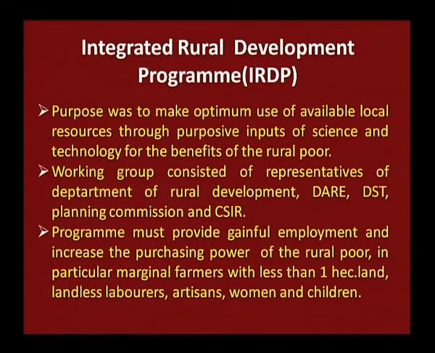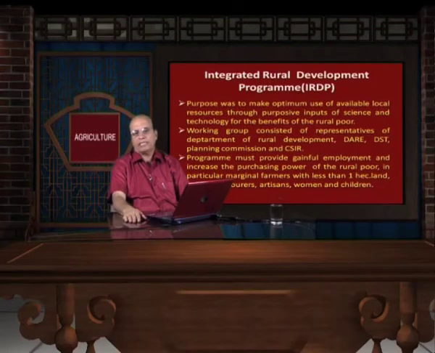The working group consisted of representatives of the Department of Rural Development, Department of Agriculture Research and Education, Department of Science and Technology, Planning Commission and Council of Scientific and Industrial Research. Various programs are already engaged in development of the rural masses while implementing their own program, but the farmers are not aware which program belongs to which society, and therefore there must be a dire necessity of integration of all the programs.